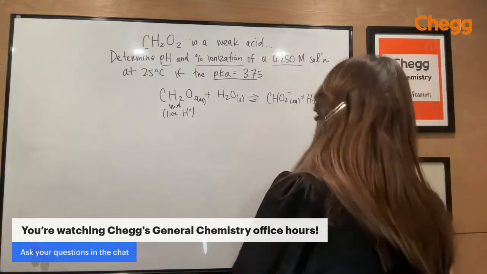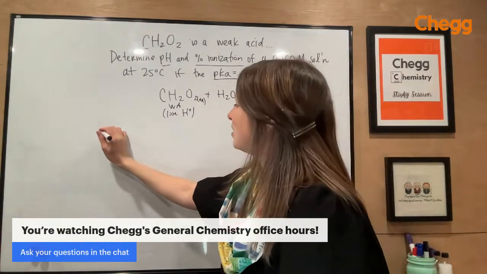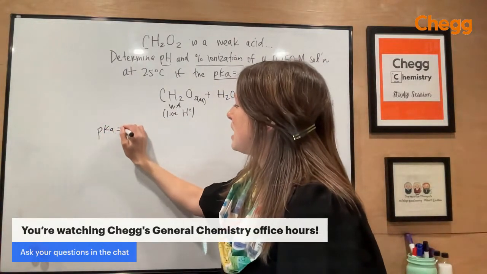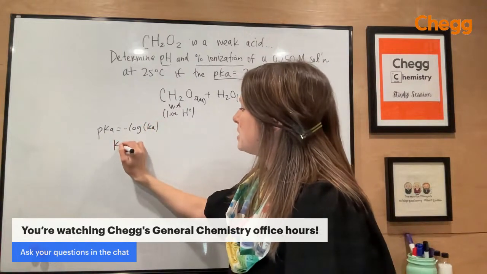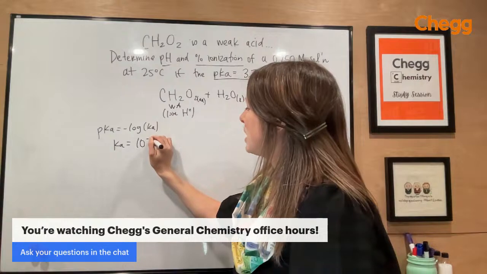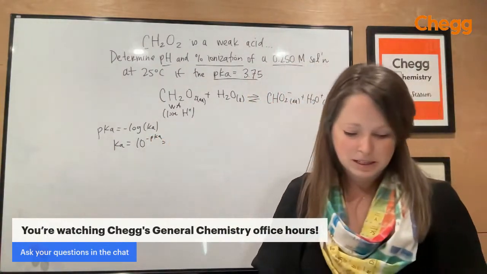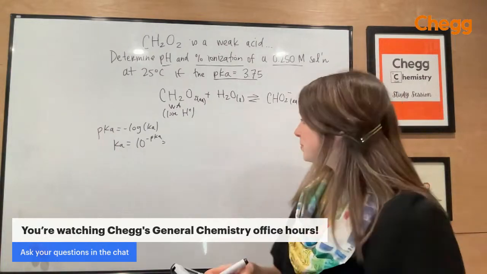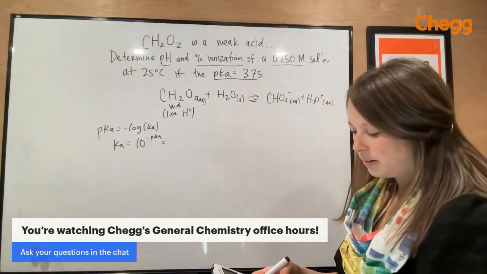All right, so we know that we are given our pKa, so we can find our Ka. Our pKa is the negative log of that Ka value. We can rearrange this. That means that Ka is equal to 10 raised to the negative pKa. What is that going to be? Give me a second. 3.75.